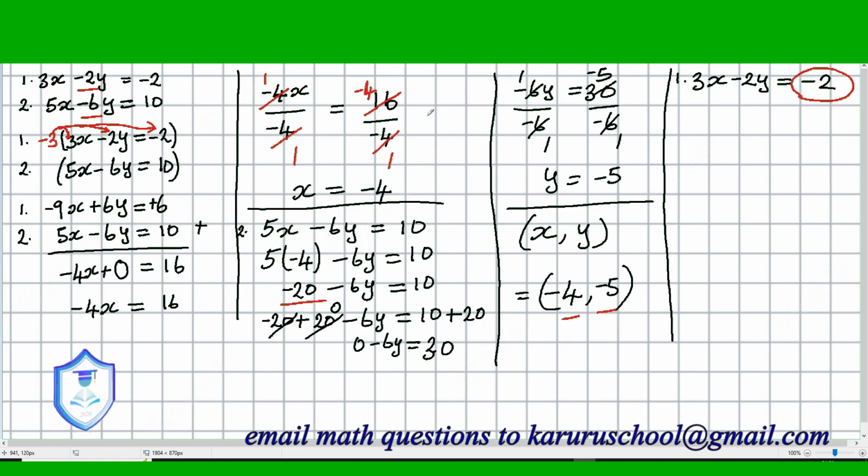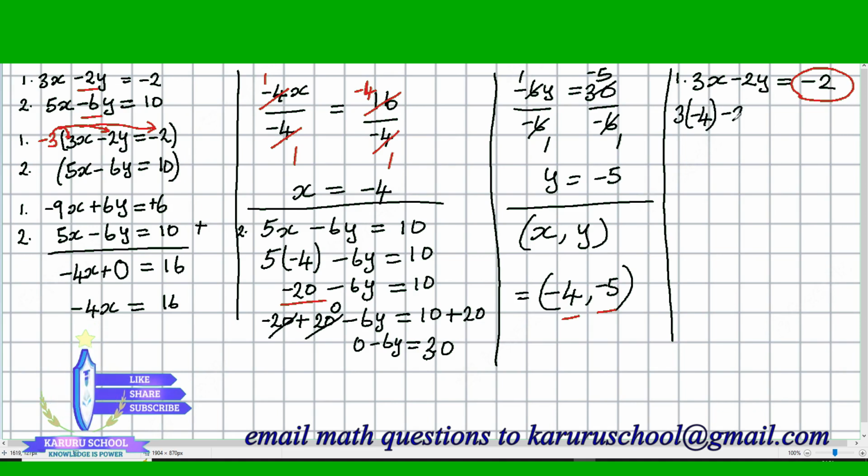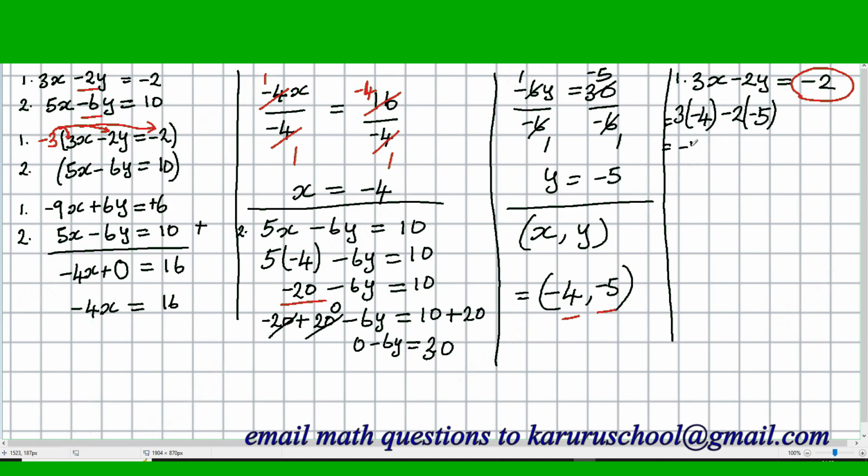So in this case, we will have 3 multiplied by -4, which is the value for x, minus 2 multiplied by the value of y, which is -5. This will give us 3 multiplied by -4 gives us -12, and then -2 multiplied by -5 gives us +10. Now if you add -12 plus 10, this gives us -2, which corresponds to the original answer that we had in the first expression.